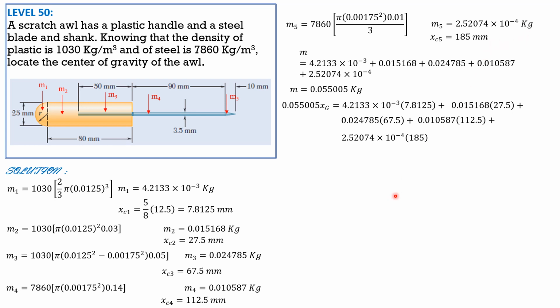So using your calculator there, xg is equal to 61.10 mm from the leftmost end. So that's it for this part.